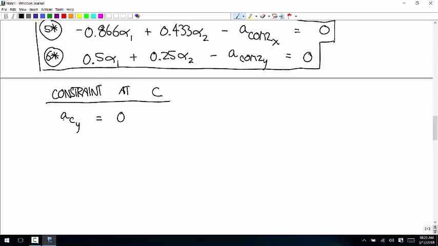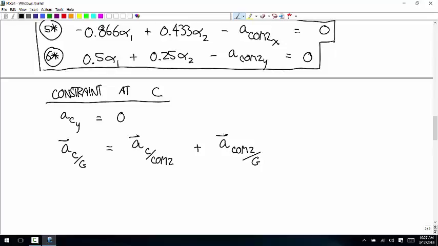Okay, so how do we calculate the acceleration at c? Well, we want the acceleration at c relative to the ground. That's equal to the acceleration at c relative to that same reference point, the center of mass of 2, plus the acceleration of the center of mass of 2 relative to the ground.